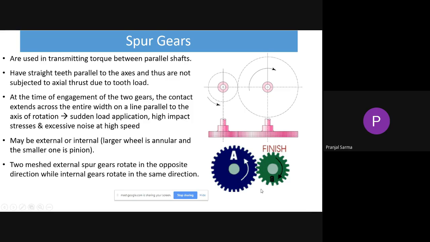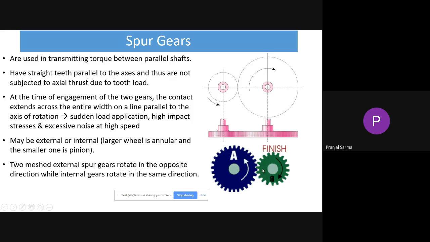In the meantime, you can look at this particular animation and how these two gears are meshed here. The teeth are in contact, and later on we'll be discussing the contact ratio and all. You can see when gear B is rotating in the clockwise direction, gear A is rotating in the anti-clockwise direction.